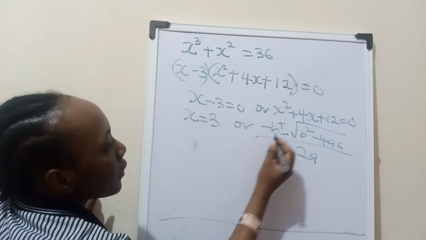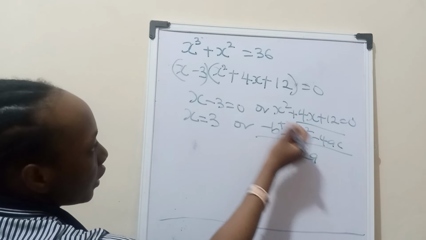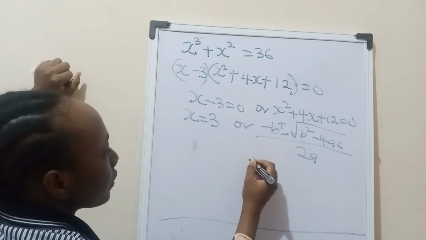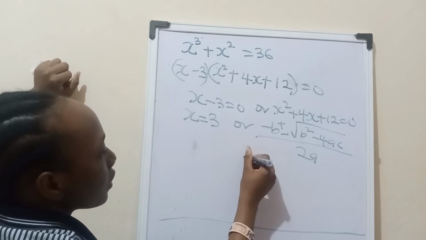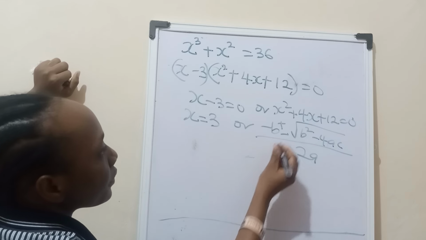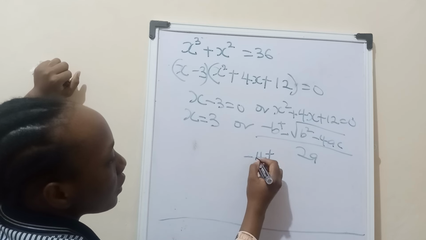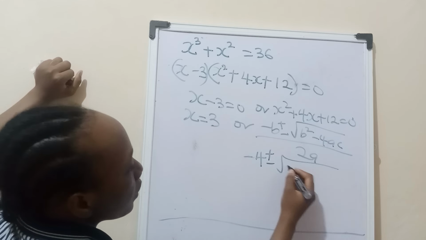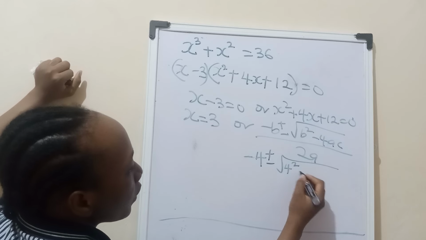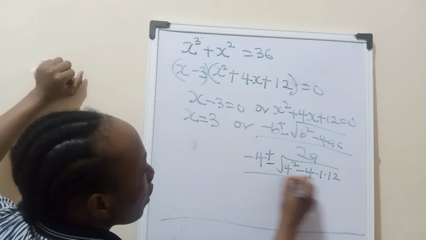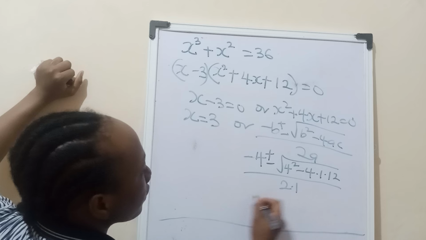So our b is 4, our a is 1, coefficient of x squared, and our c is 12. So this is minus 4 plus or minus the square root of 4 squared minus 4 dot 1 dot 12 all over 2 dot 1.